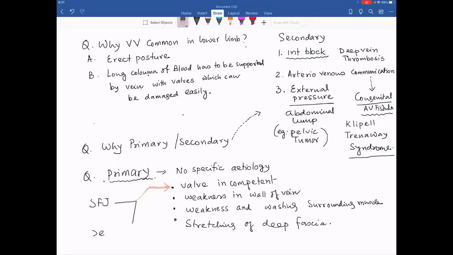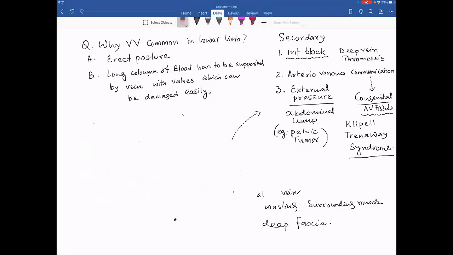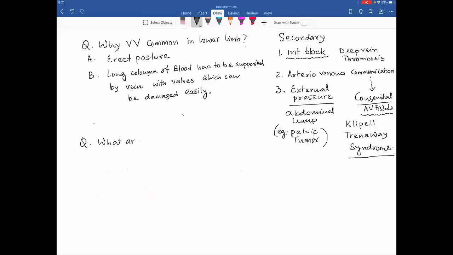Right. So now the next question is, what are the components of the venous system of the lower limb?